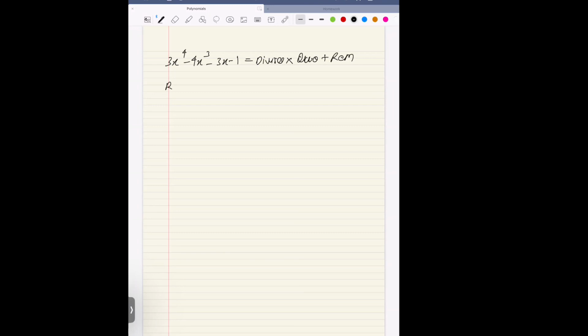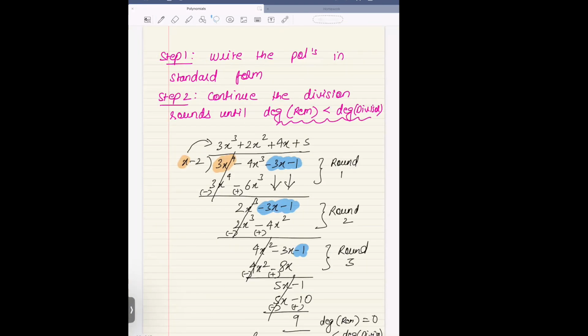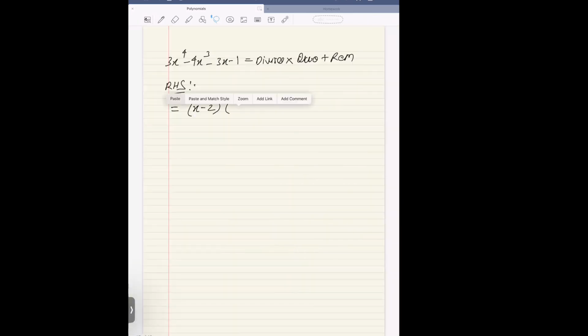Okay, so let's call it RHS. Divisor is x minus 2. Quotient is, let's copy this. This is my quotient. What is my remainder? 9. Now, if you expand this and it matches this expression, then you have verified your division algorithm.